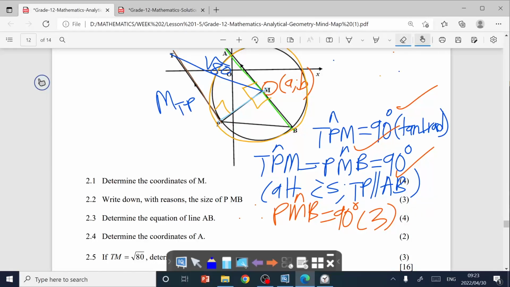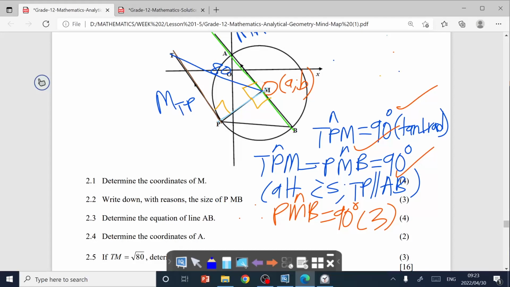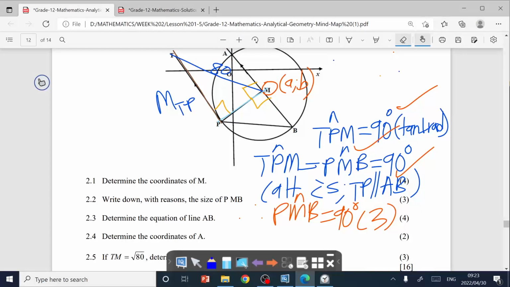So how will we do that? We can use Pythag, right? So we've got a right angle triangle there, and this is square root of 80. Do you have any other length?